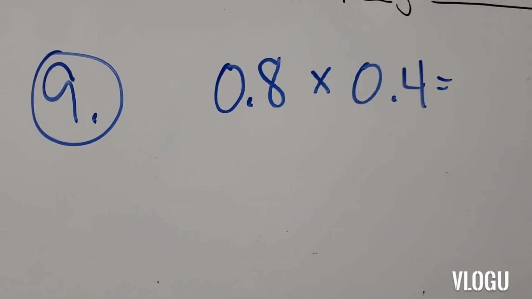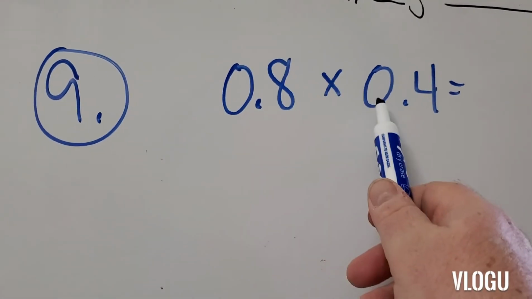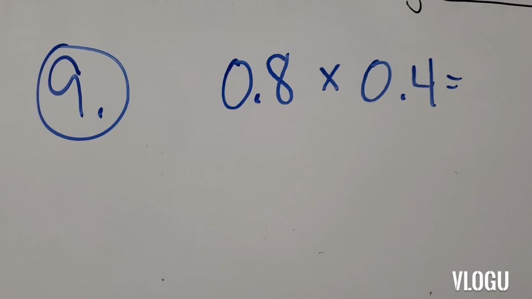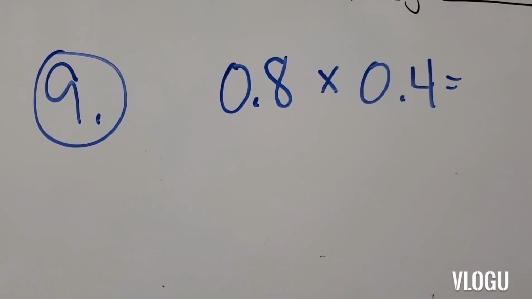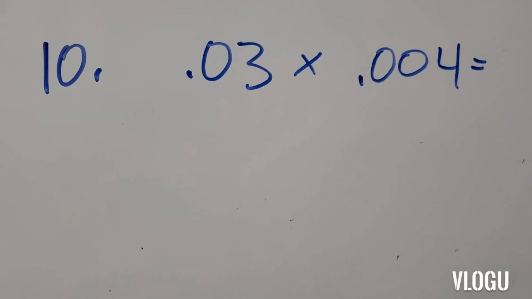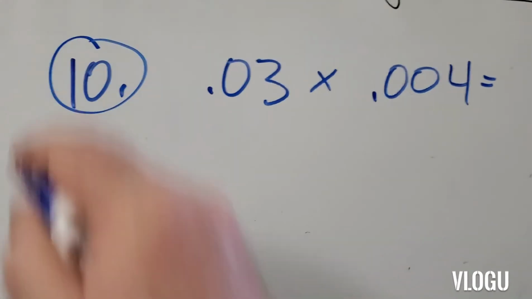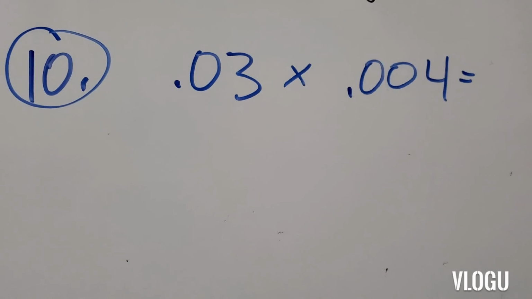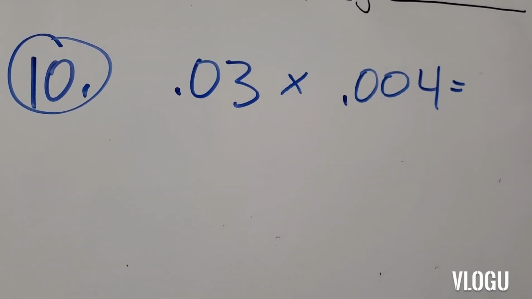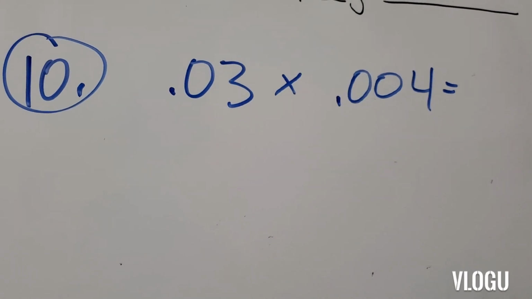Please remember, don't let these throw you. It's the same as if they aren't even there. Pause now. Here's number 10. Pause until you're ready to move on to the challenge.